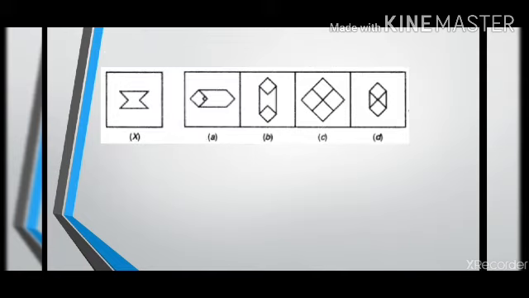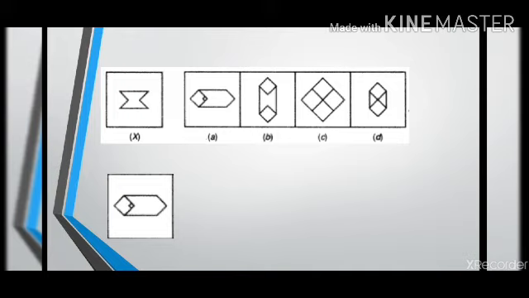Now sometimes, like I said, our first priority is the exact figure, but in this question you'll not get the exact figure in the answer. You can see in the figure X, you have two horizontal lines and an X and a few inclined lines as well.